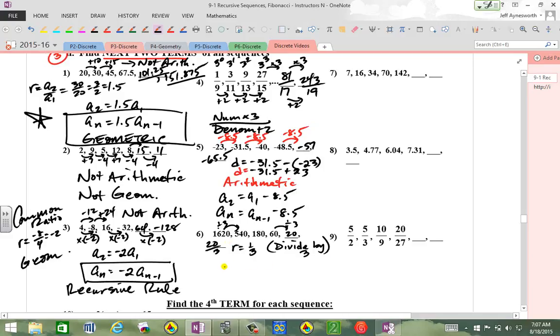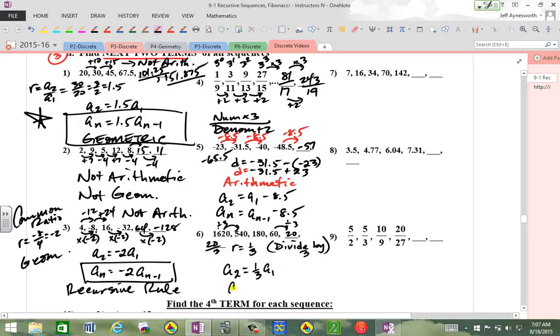Okay, so the second one is found by taking the, hang on, let's try this again. Give me a second here for my computer to catch up. The second one is found by taking the first one and dividing by 3 or taking a third of it. So that's a sub 1.